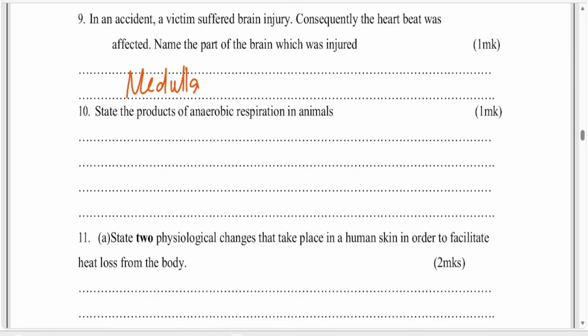Medulla oblongata. So this is the part which controls involuntary activities, including the heartbeat. We have the cerebrum that controls memory and also controls the voluntary activities such as movement of skeletal muscles.